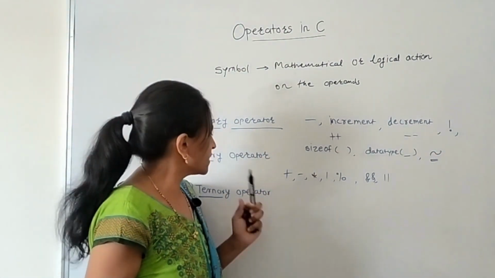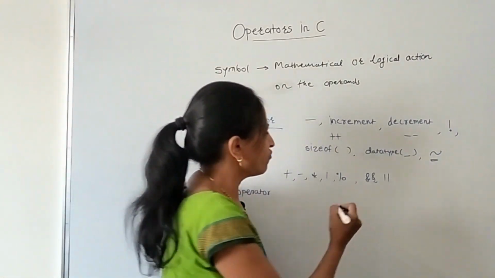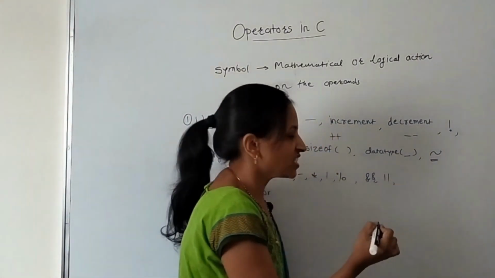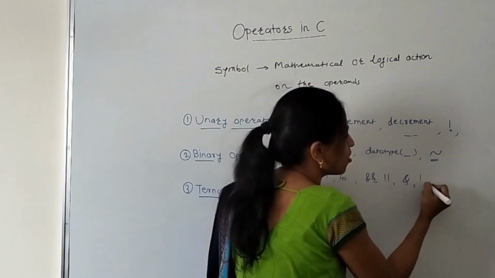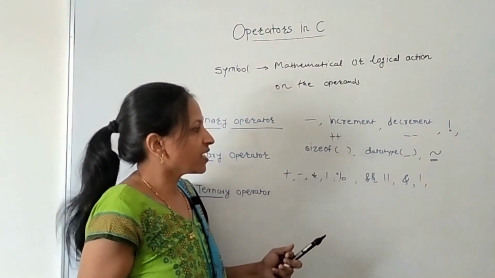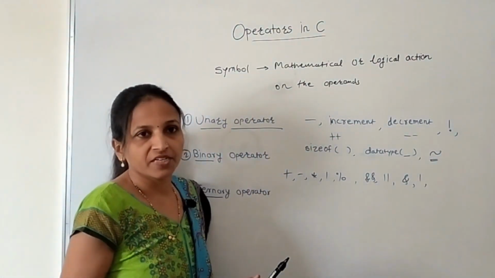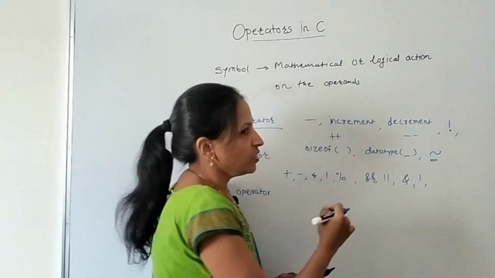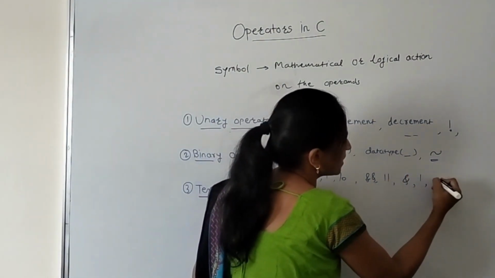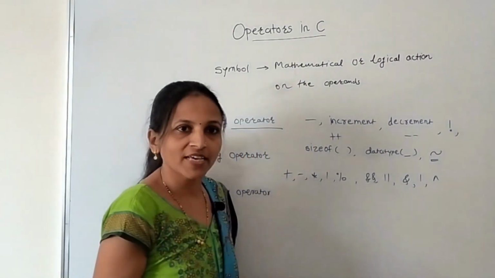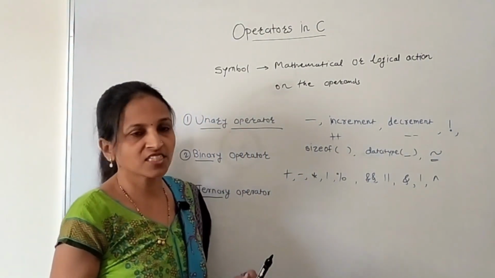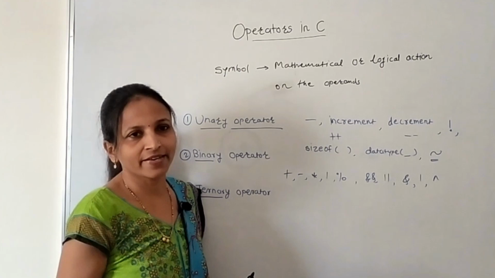That's why this comes under this binary category. Then one more operator like bitwise AND, bitwise OR. These are again binary operators. Now one more operator like bitwise XOR is there. That is again acting on two operands. That's why again that comes under the binary category.